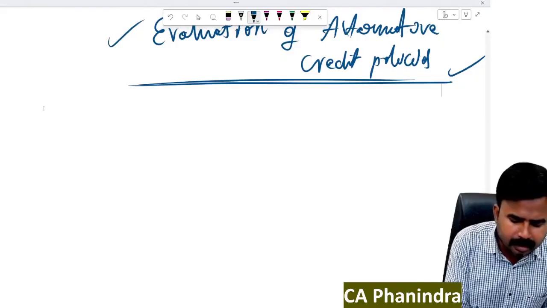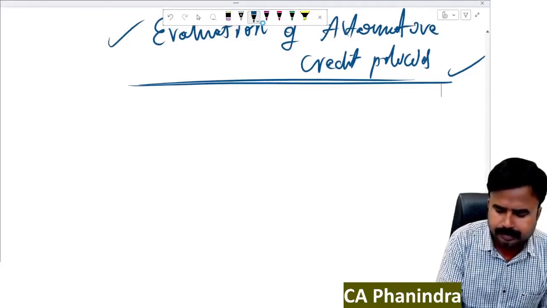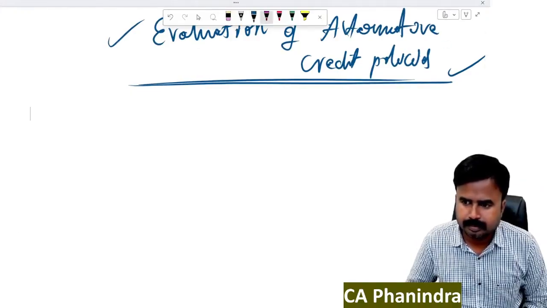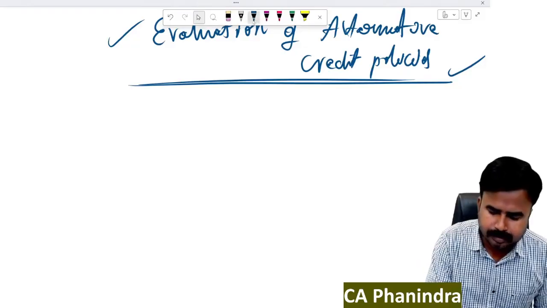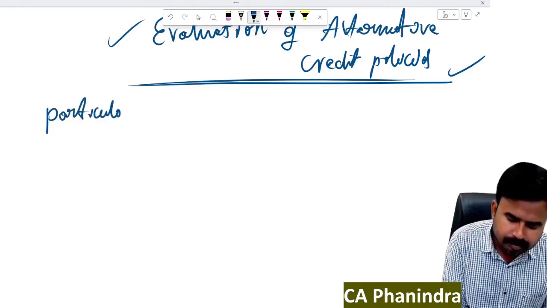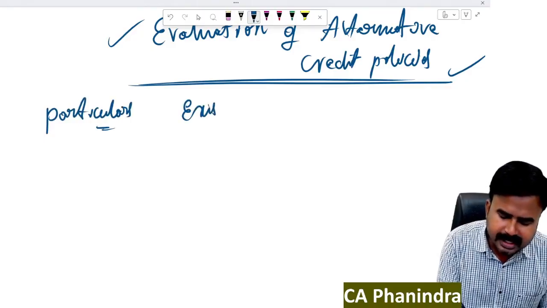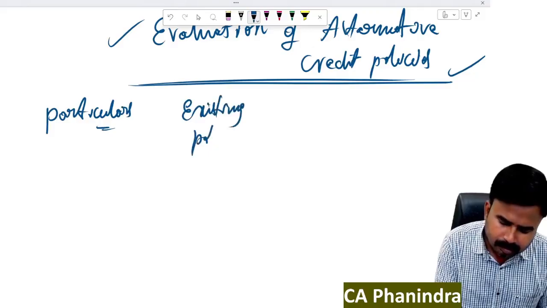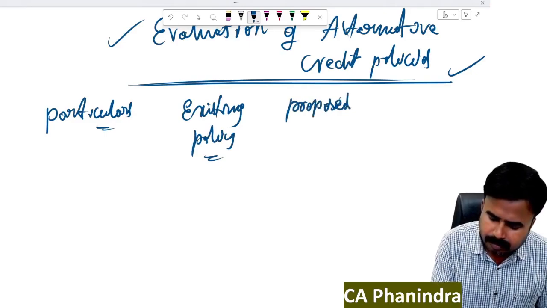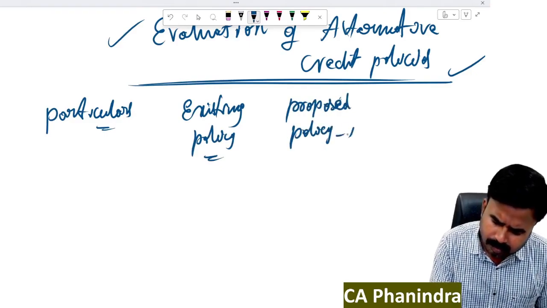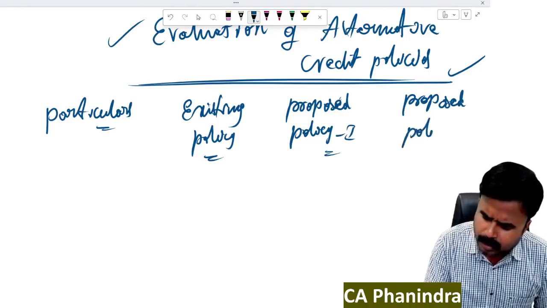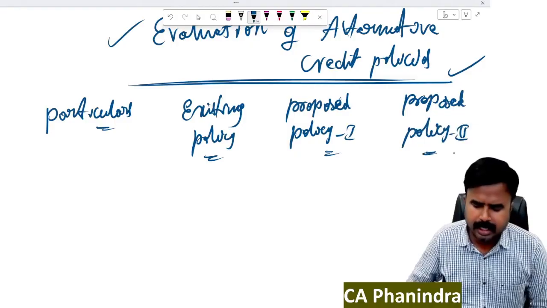The columns will be particulars, existing policy, proposed policy 1, proposed policy 2. You can take policy 3 also, that's okay. Now, let me write the format.